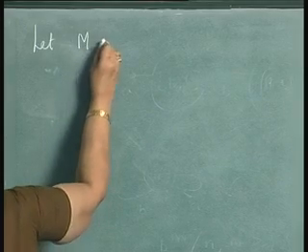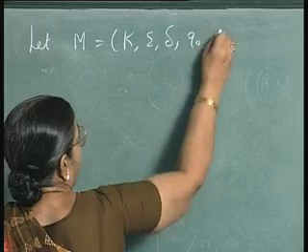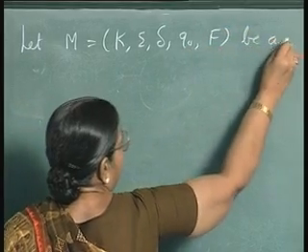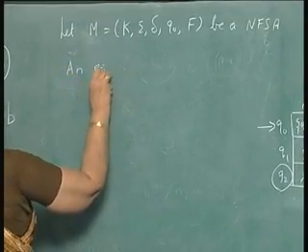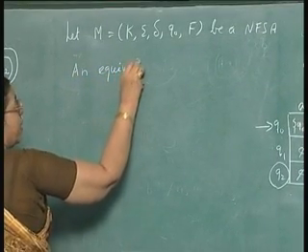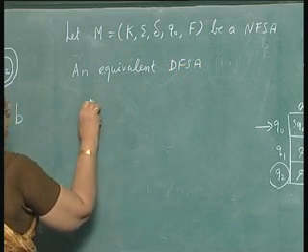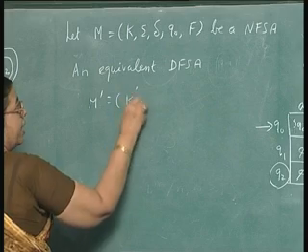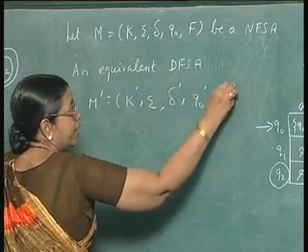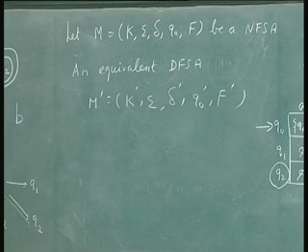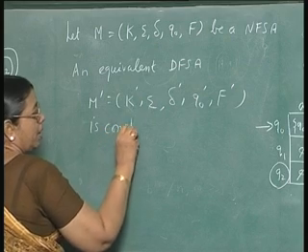Let M equal to K, sigma, delta, q naught, F be an NFSA. An equivalent DFSA M dash equal to K dash, sigma, delta dash, q naught dash, F dash is constructed as follows. Sigma is the same because you are considering the same alphabet.